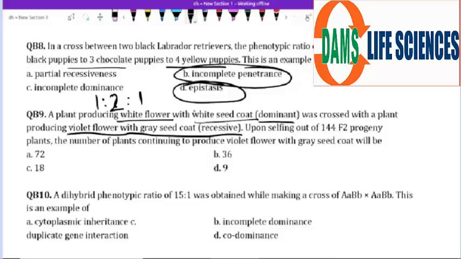So this is dominant for both traits, this is recessive for both traits. Upon selfing, out of 144 F2 progeny plants, the number of plants continuing to produce violet flowers with gray seed coat will be. So in this question they are asking how many of the F2 progeny plants will have violet flowers and gray seed coat.